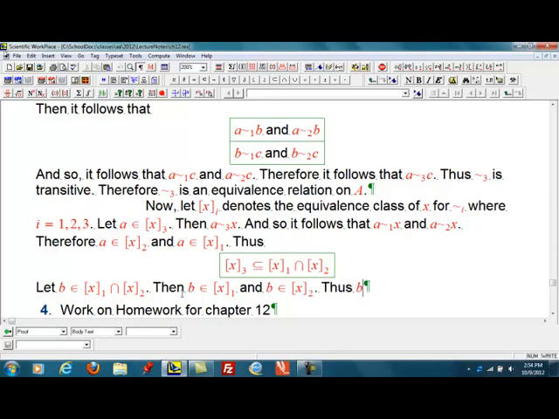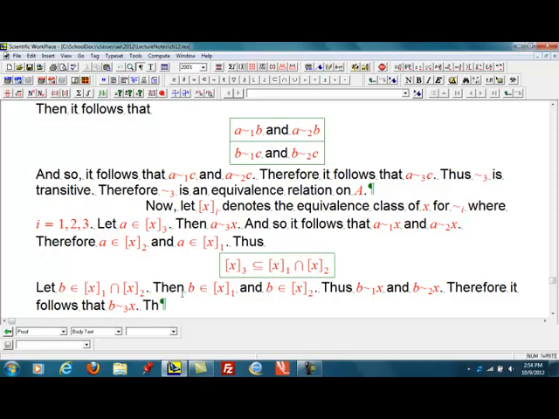Thus, I know that B has to be 1 equivalent to X, and B has to be 2 equivalent to X. By our definition of our third equivalence, we know that B has to be 3 equivalent to X. I know that B is in that equivalence class.